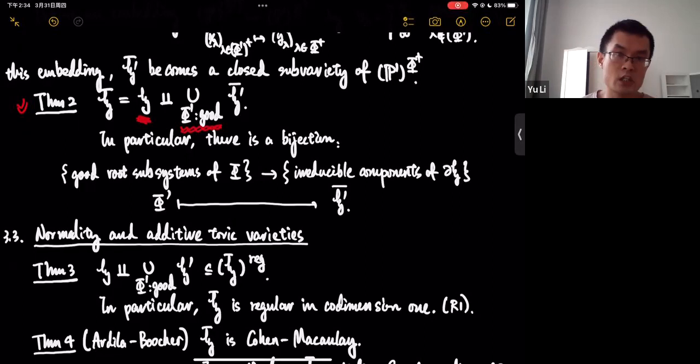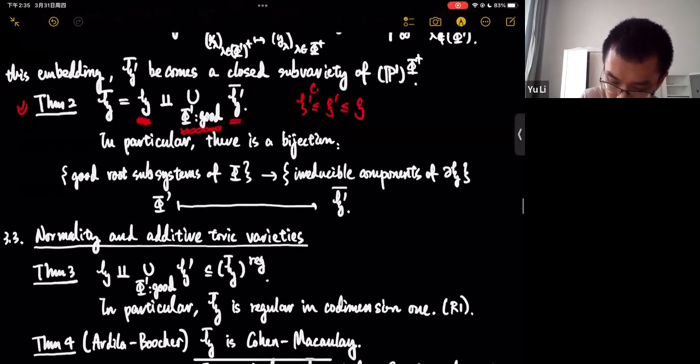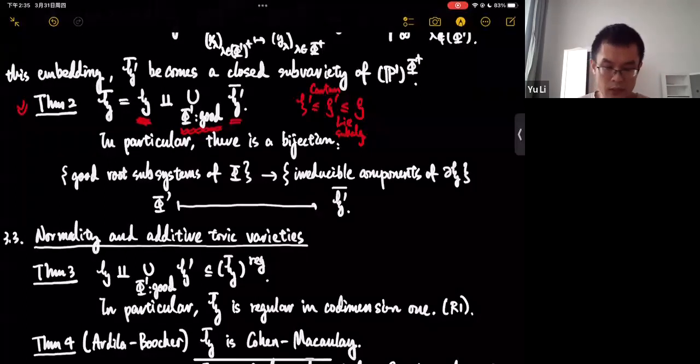For each good root subsystem phi prime of phi, one can cook up some Cartan H prime of some semisimple Lie subalgebra G prime of G. And the irreducible component of the boundary of H bar corresponding to phi prime is the wonderful compactification of this H prime.